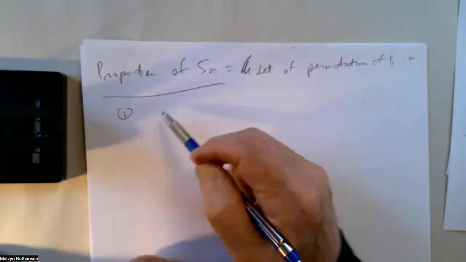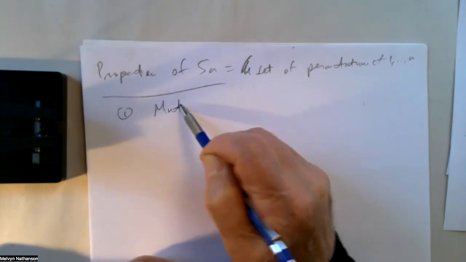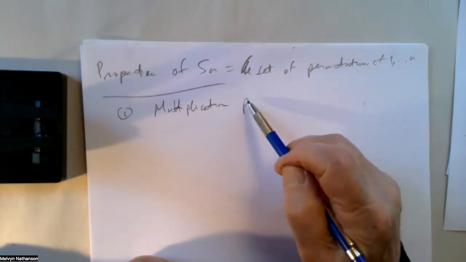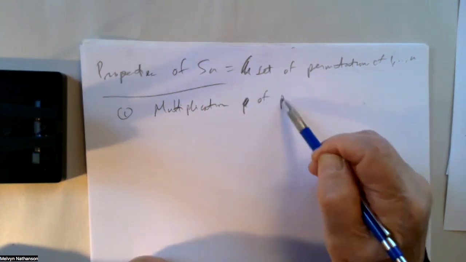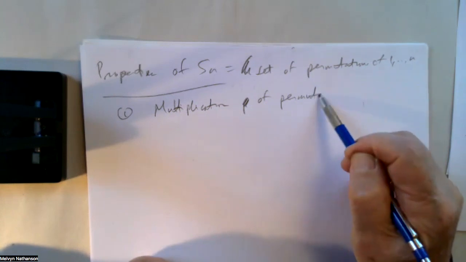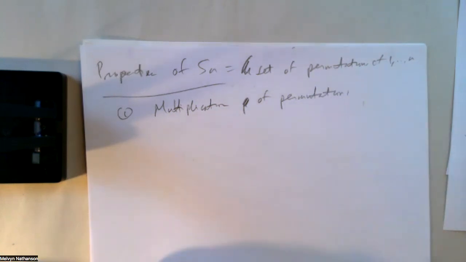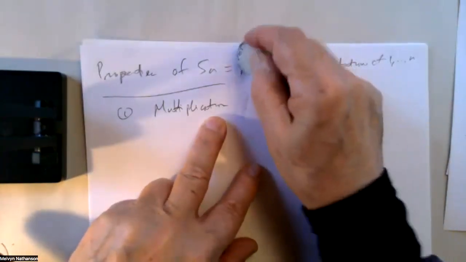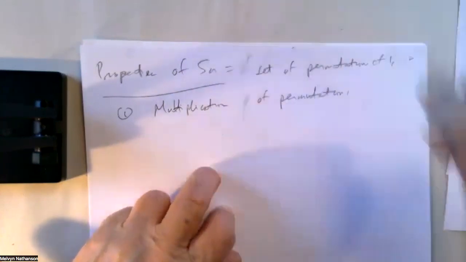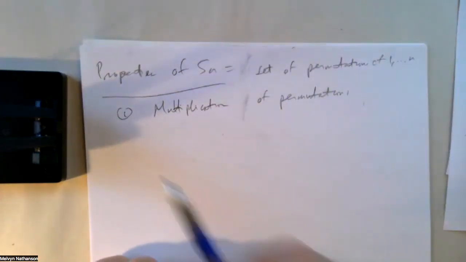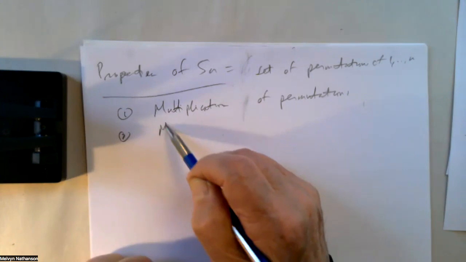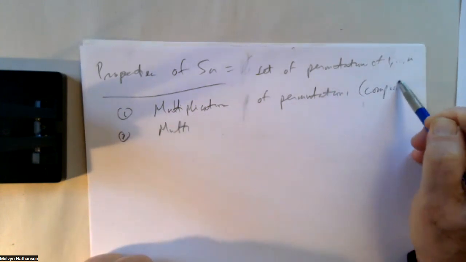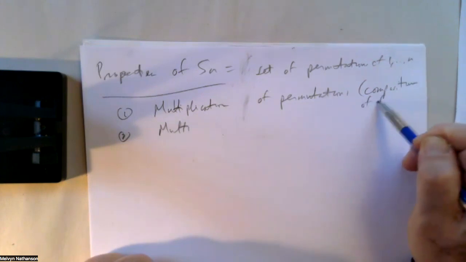So first of all, we have an operation of multiplication of permutations. We can multiply permutations, and this is really just composition of functions.